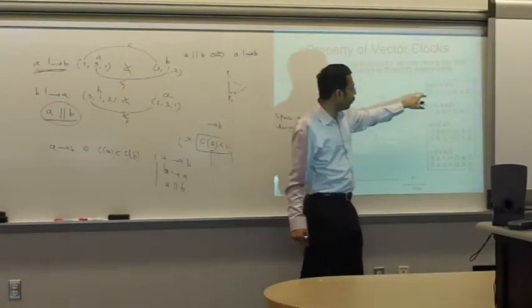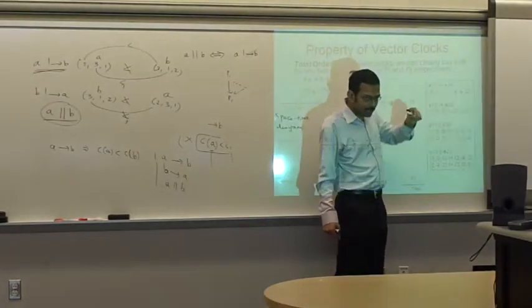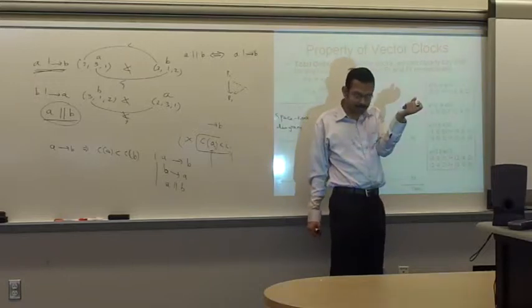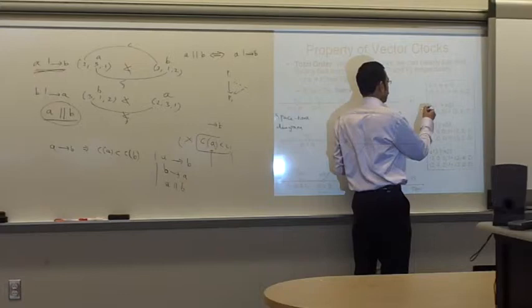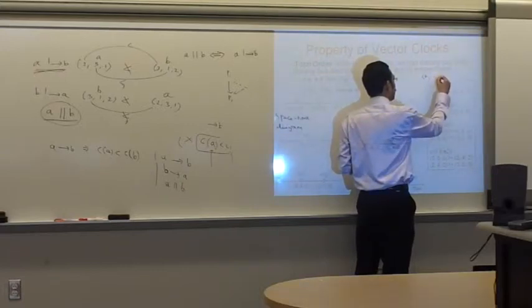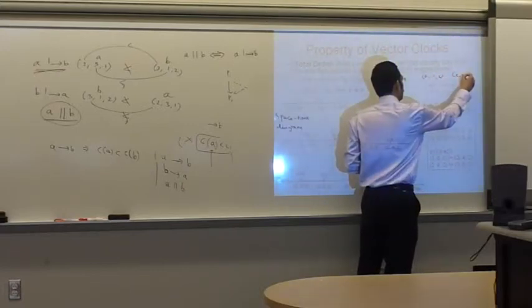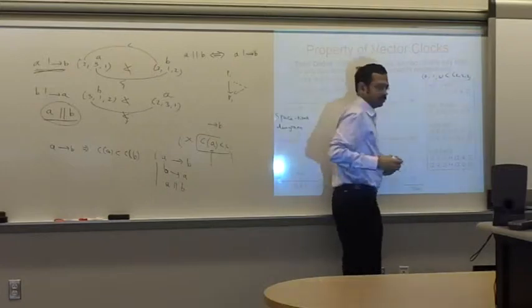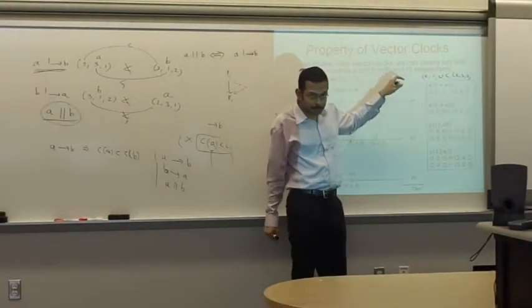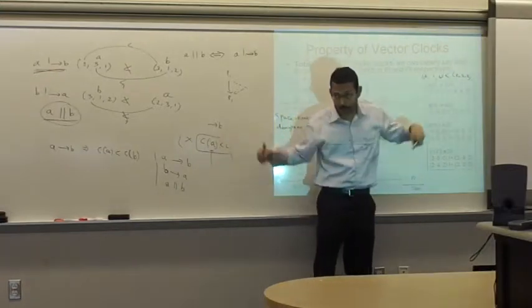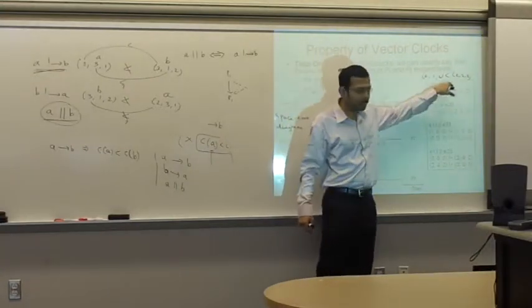So every entry is actually less than. To say this is less than this, all we needed was at least one entry to be less than, and the others could even be equal. Remember we saw in the previous example that it could be 2, 1, 2 and 2, 2, 2. We can still say it is less than, because one entry is less and the others are equal. But in this case, it's strictly less than for everything.